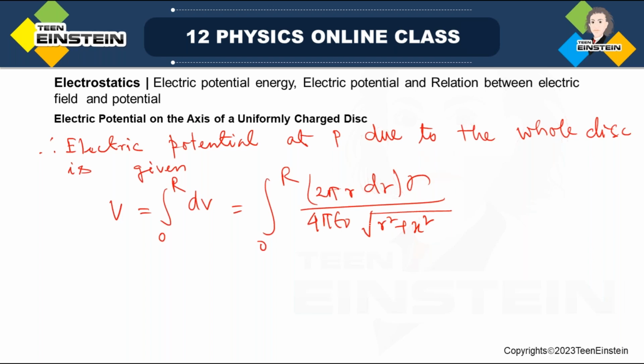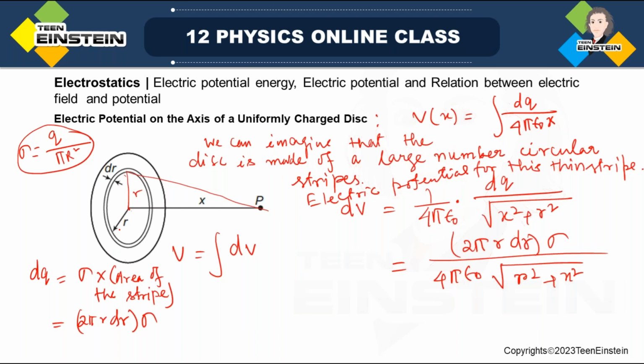Now, if I just take these things out, 2 pi and sigma, with r dr remaining, we get sigma by 2 epsilon naught, integration 0 to R. This small r is actually the radius of the circular stripe.